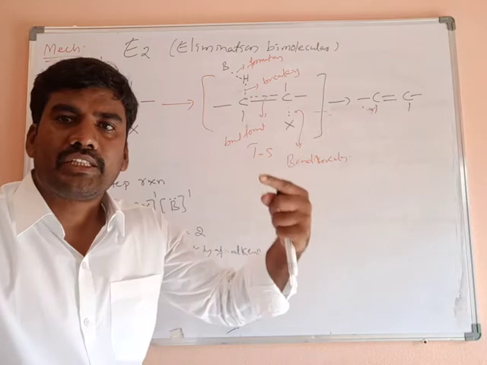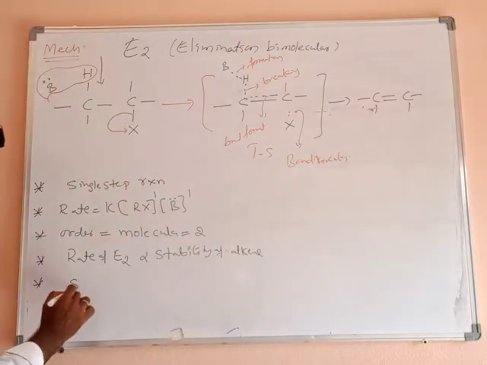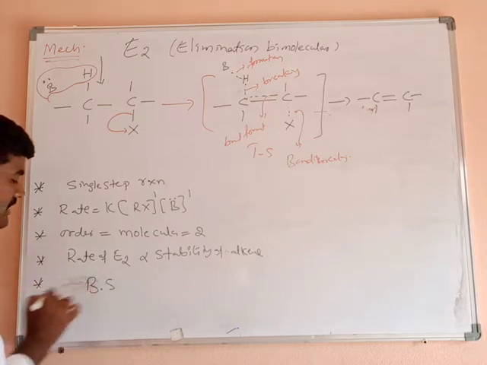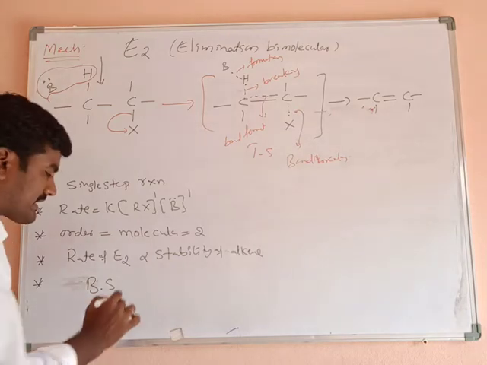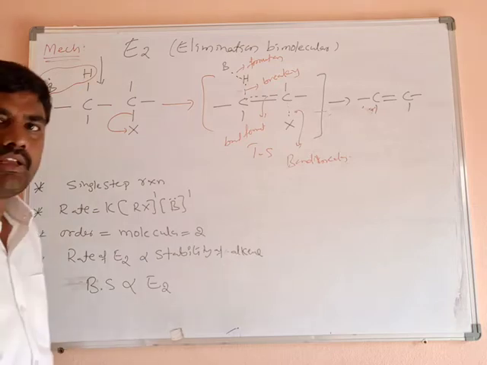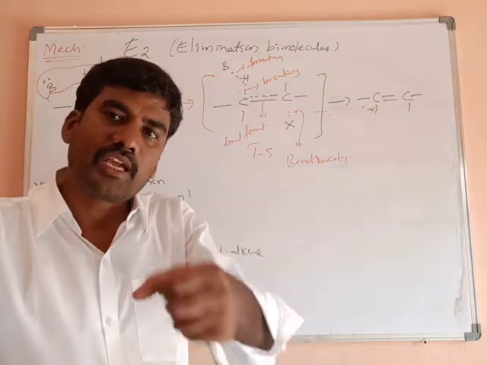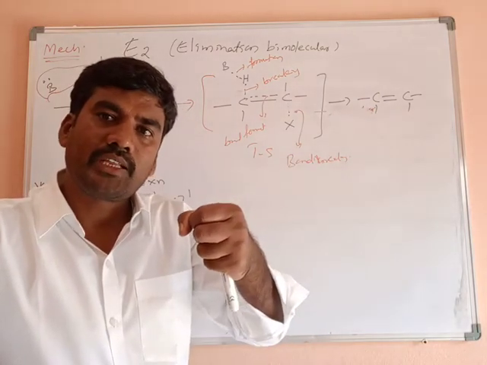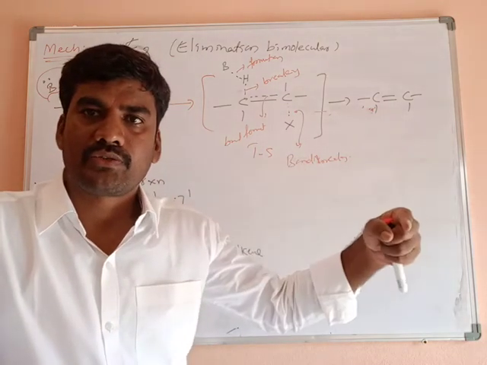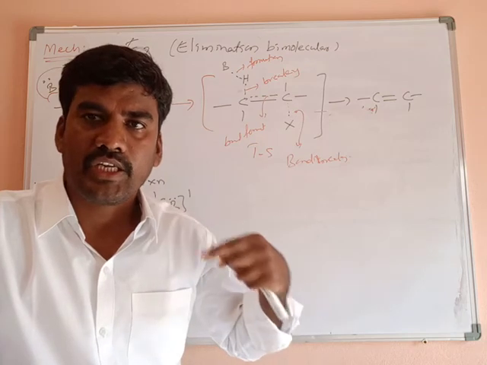Means the basic strength, BS, is directly proportional to the E2 mechanism or E2 reaction. E2 reactions are more favored with a stronger base. Stronger bases capture the proton easily. When the proton is captured by the base, the reaction is carried out very fast. So stronger bases are more favorable to the elimination reaction, E2 reaction.